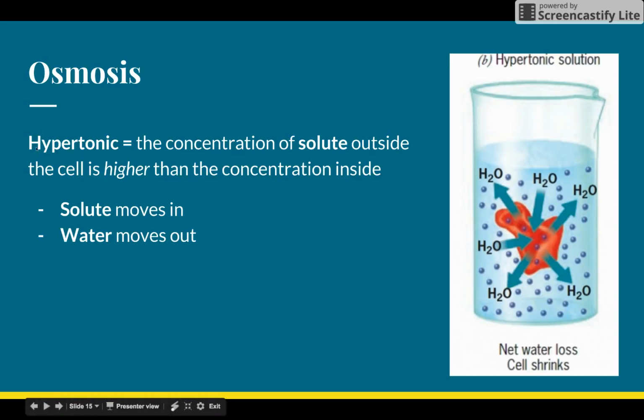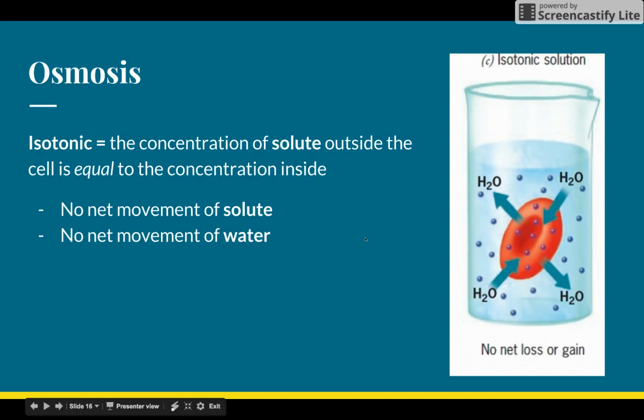Hypertonic, the prefix hyper means high. So think of tachycardia. That means a fast heart rate. In a hypertonic solution, the concentration outside the cell is higher than the concentration inside. And then in an isotonic solution, they are equal.